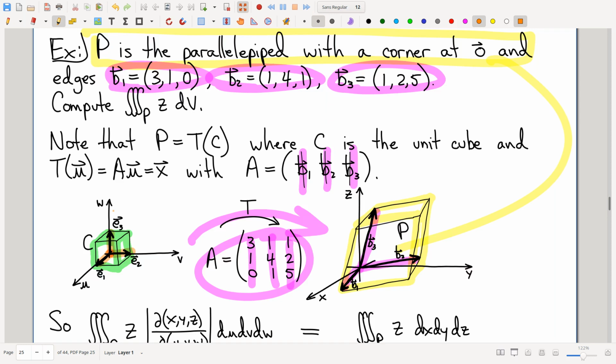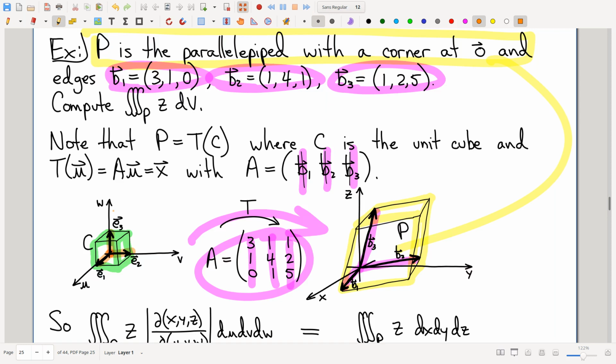How do you know that E1 becomes the first edge and E2 becomes the second edge and so on? Well, this is another callback to linear algebra. When you multiply a matrix times a standard basis vector, you always get the corresponding column. Does that sound familiar? So when you make the corresponding column what you want E1 to go to, then you get your wish. Does that make sense? Or more like, how do you know the rest of the cube?